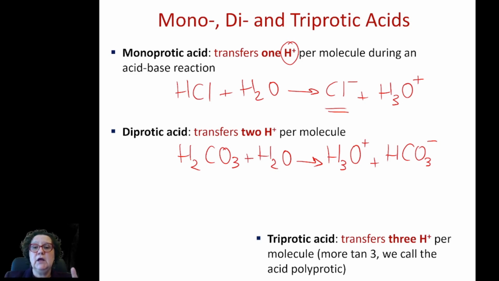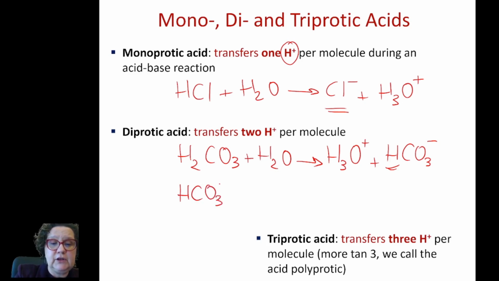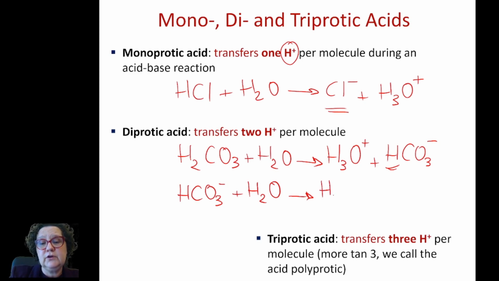What would happen in this case? Well, you have another hydrogen ion, so you could see another reaction with another molecule of water. So if your anion HCO3 minus, hydrogen carbonate anion, reacts with another molecule of water, not the previous one that has already reacted, then again it can transfer one hydrogen ion to the water, and you form the cation H3O plus.